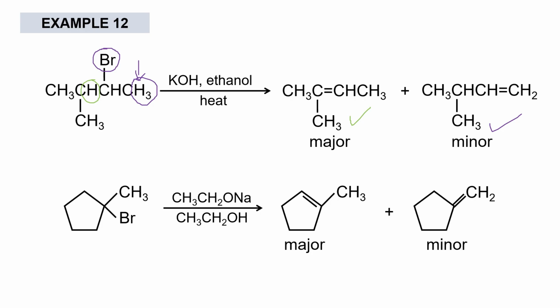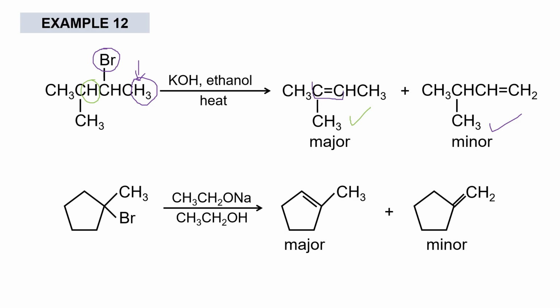To determine major and minor, we have to apply Saytzeff rule. According to Saytzeff rule, the most highly substituted alkene is the most stable alkene. So the most stable alkene will produce the major product.